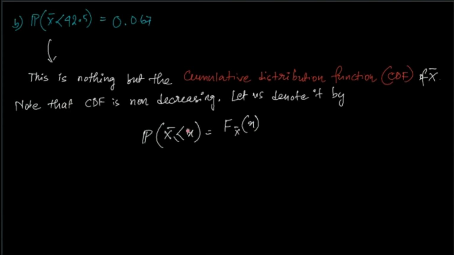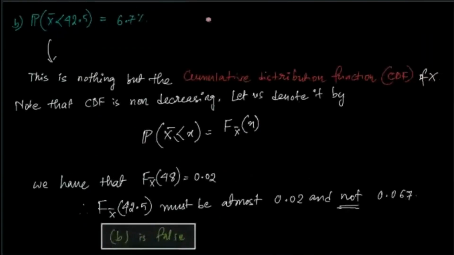So this is nothing but F of x bar at 42.5. Since this is non-decreasing, F of x bar at 42.5 must be at most F of x bar at 48. If x is less than or equal to y, then because it is non-decreasing, I must have F(x) less than or equal to F(y).